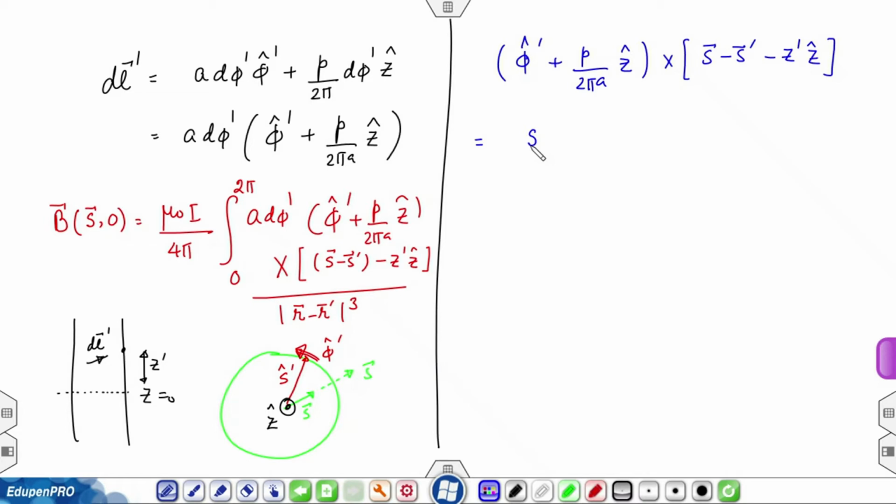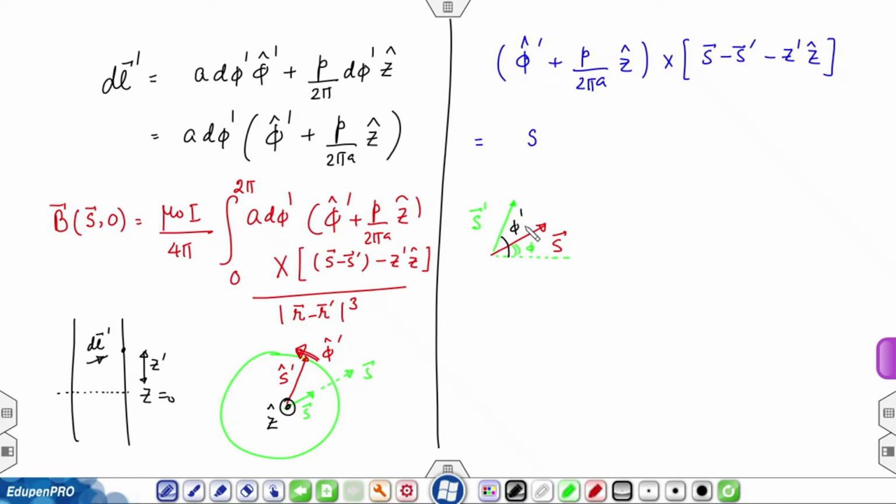Magnitude of s is s, phi prime cross s. So, let us see. This is s vector, this is s prime vector. Let us say this is at angle phi, s prime is at angle phi prime.